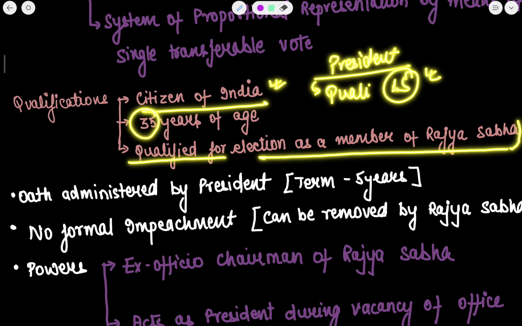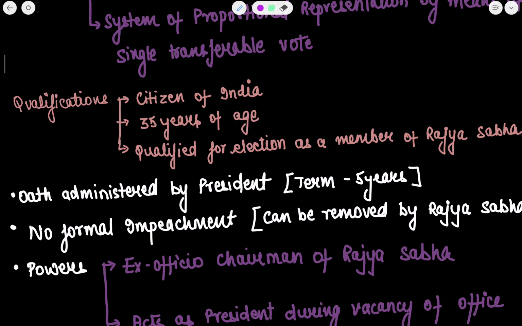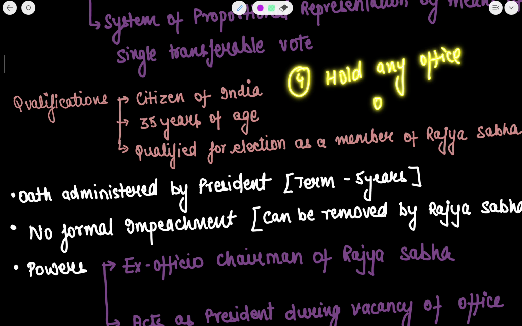Okay, President should be eligible to qualify for election to Lok Sabha, whereas the Vice President should be qualified for election as a member of Rajya Sabha. Okay, and the fourth point is, he should not hold any office of profit. This is the next point.